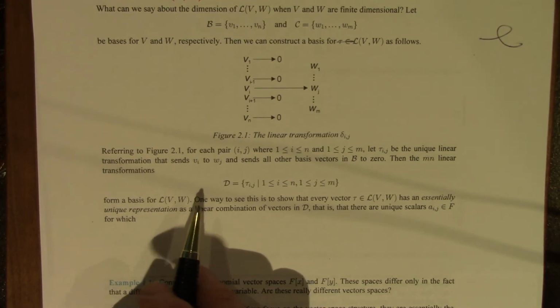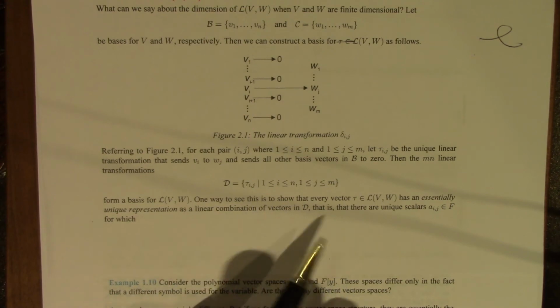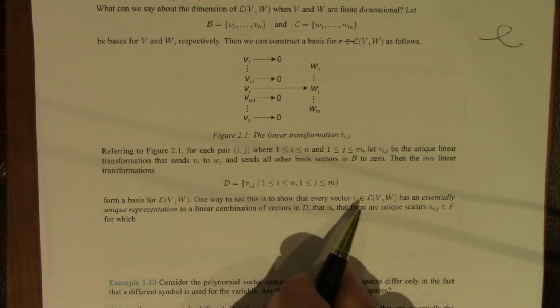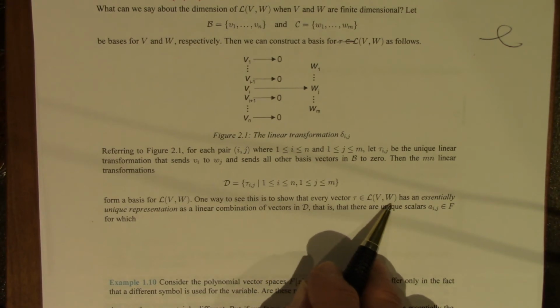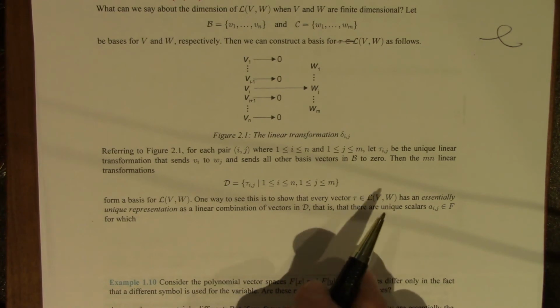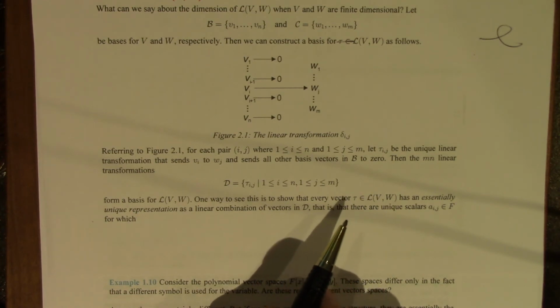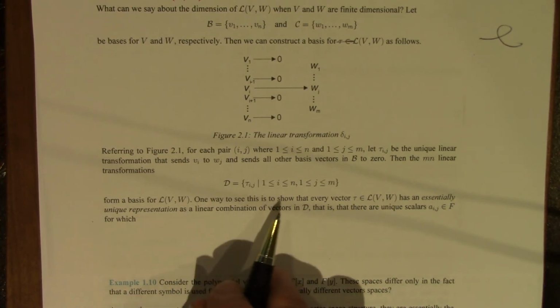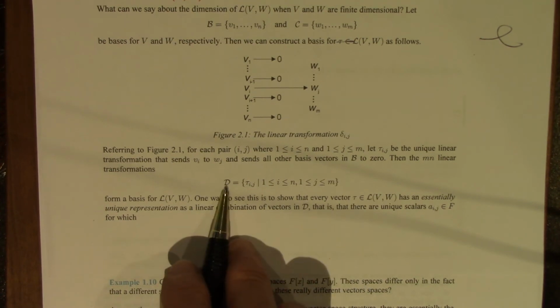There are different ways to show this, but one way is to show that every vector tau in L of VW, of course it's a linear transformation, has an essentially unique representation as a linear combination of the vectors in this set D. That's one of the characterizations of a basis.